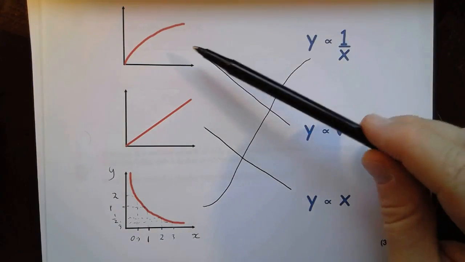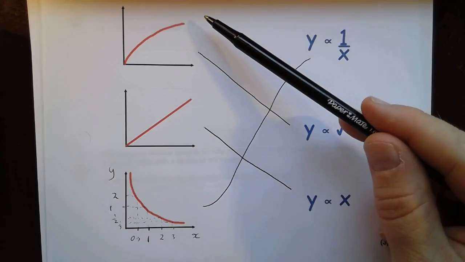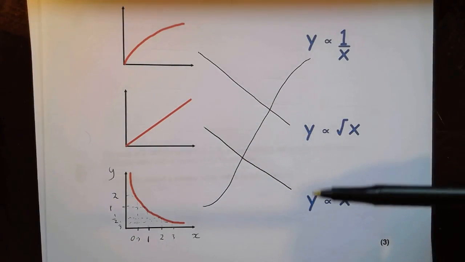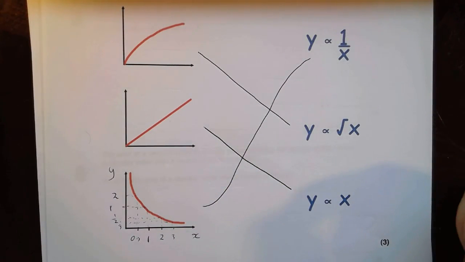The bigger your number gets, the greater the square root will be, but not by so much as the number itself increases. So, for example, if you go from the square root of 1 to the square root of 2, you've not gone up by a whole integer, have you?